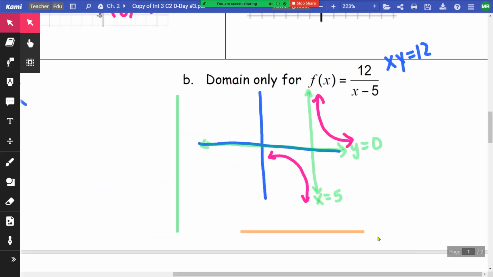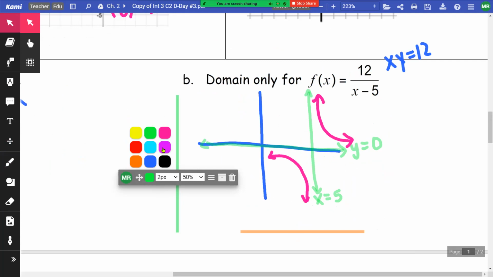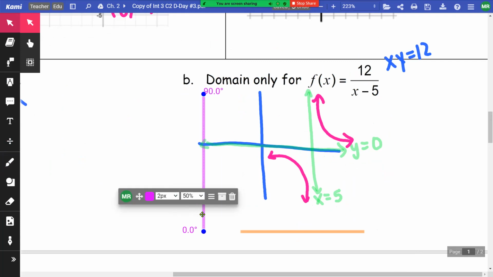So if I'm looking at my vertical line in here, maybe let's make it not green so that we can see the difference. So let's say I make it purple. Okay. So as I bring this is my domain. Okay. So as I'm coming across my graph, it's going to keep going forever and ever and ever to the negative infinity. Okay. So as I'm going negative infinity, I'm coming back.